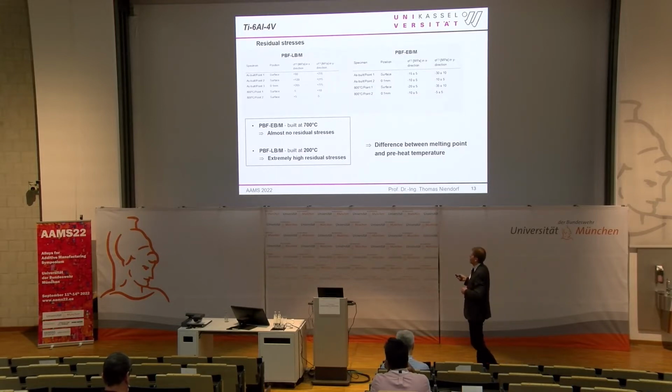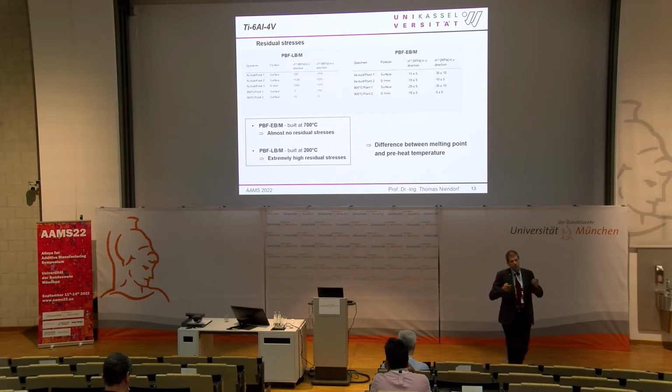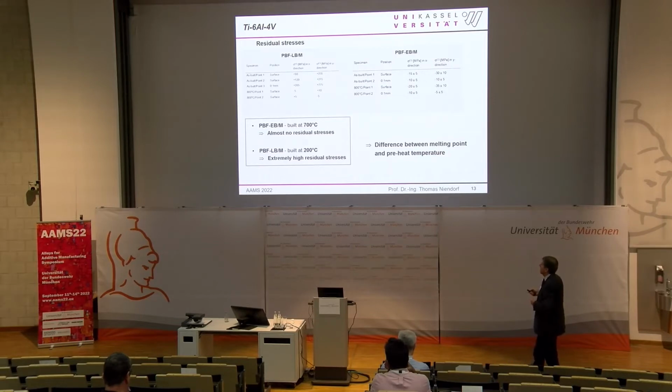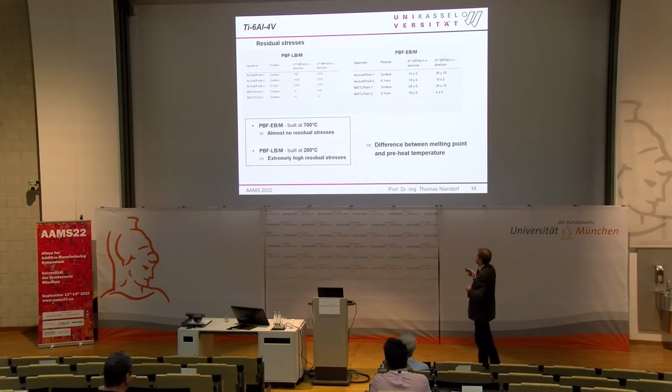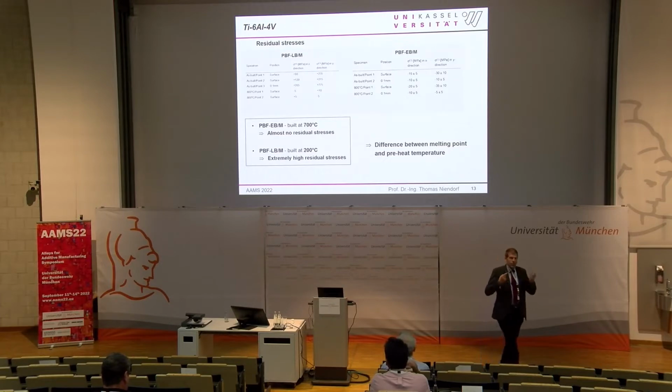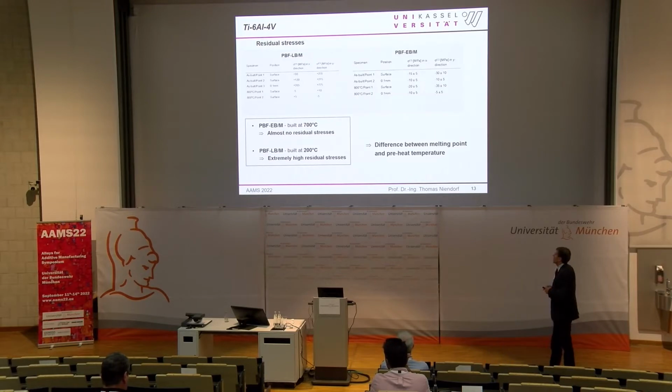When we look at the EBM process, we have hardly any residual stresses due to the nature of the process, the hot bed. If we look at laser beam powder bed fusion, so the SLM process, we obtain in certain depths of the specimens very, very high tensile stresses. So to bring those into application, we need to do at least a stress relief heat treatment. And this we did in this study.